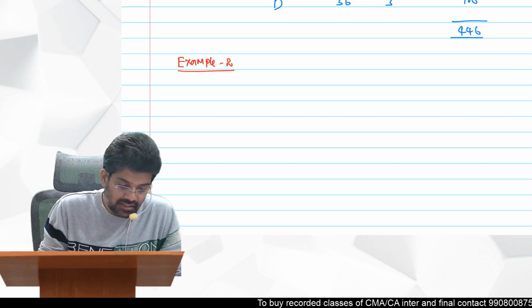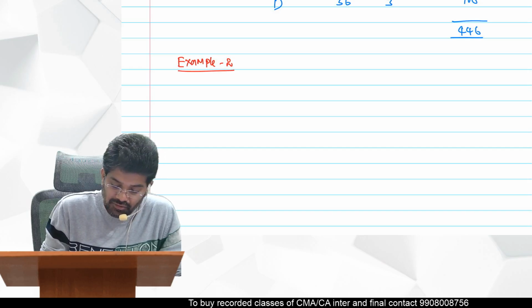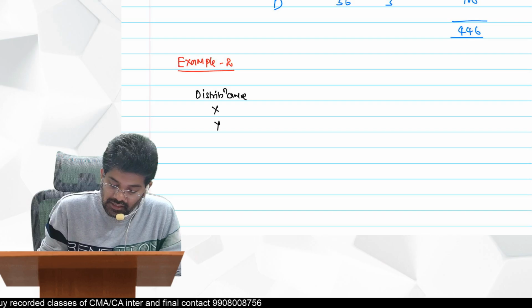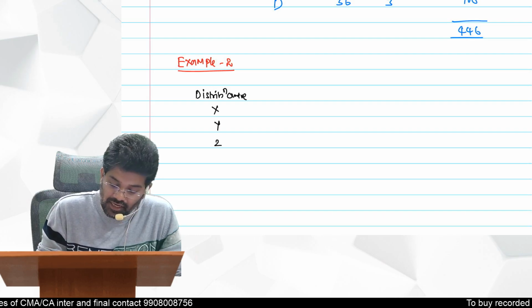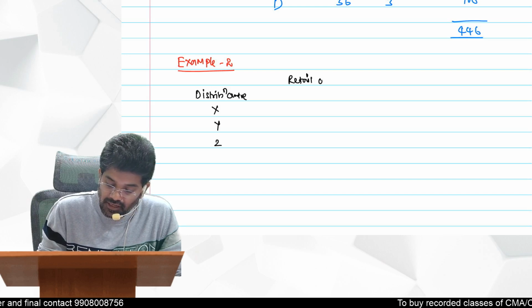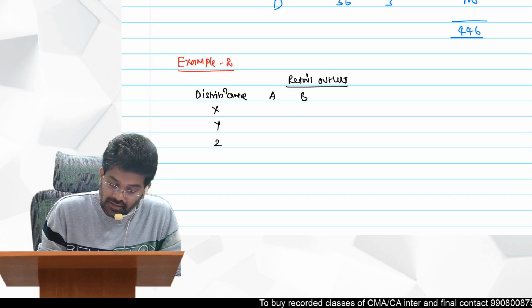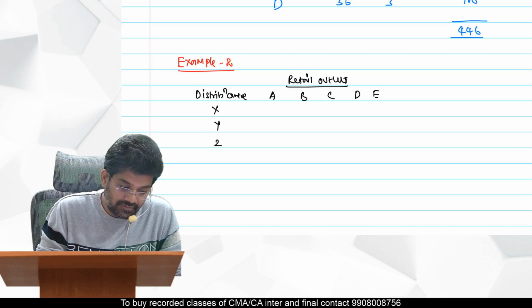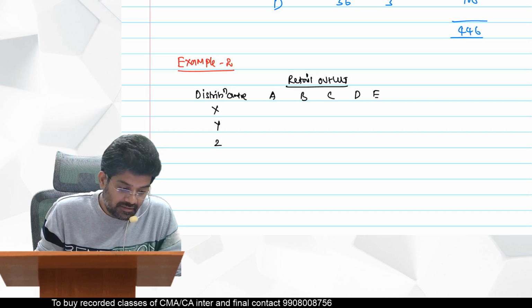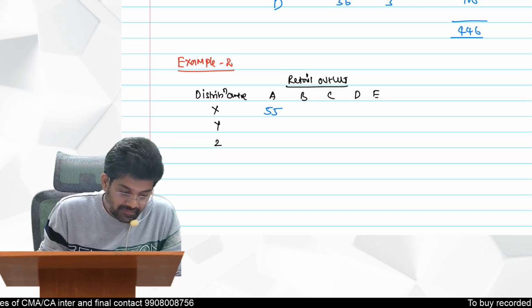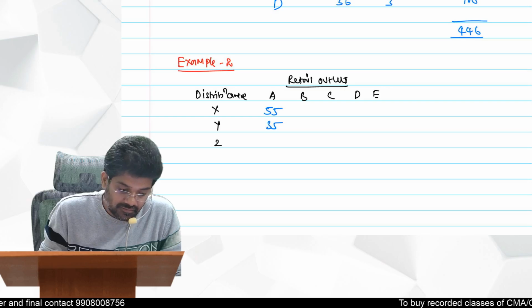So these are distribution centers X, Y, Z. And you have retail outlets A, B, C, D, E. Okay, and they also gave the transportation cost in rupees per unit.